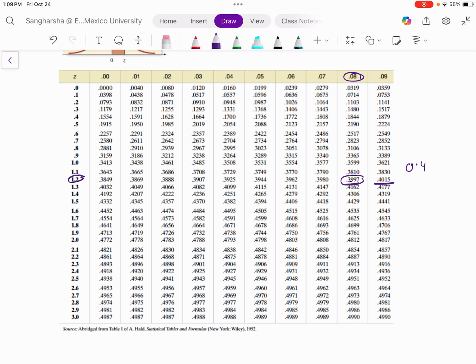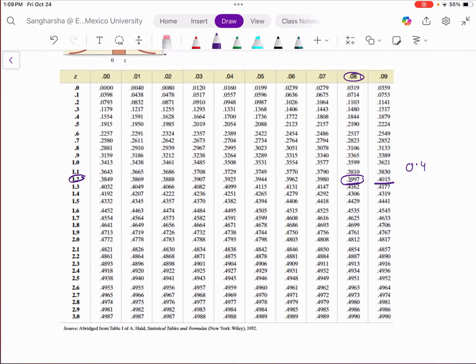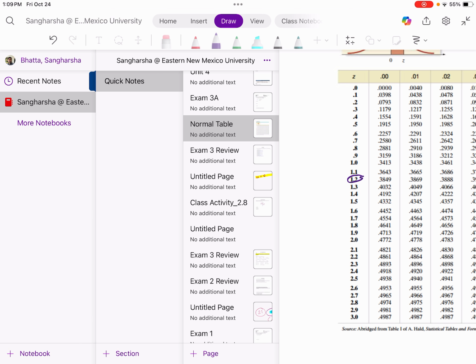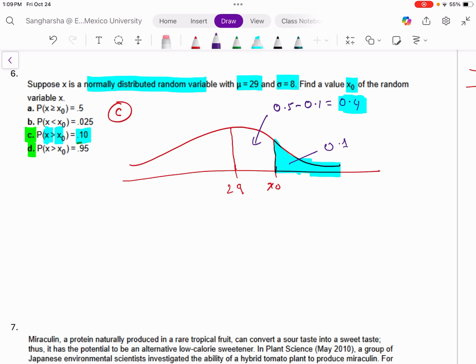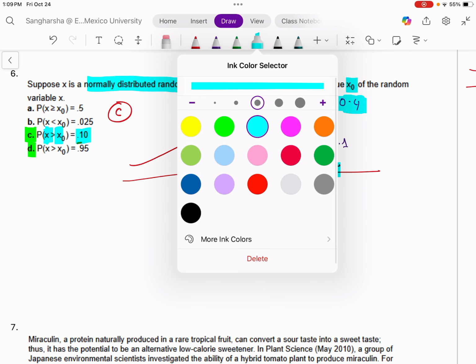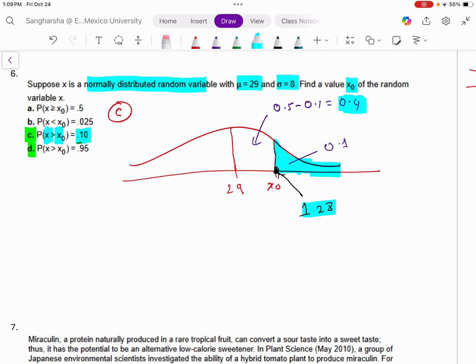So 1.28 is the g value for this point, for this x naught. Now this is our g, this is our x naught.